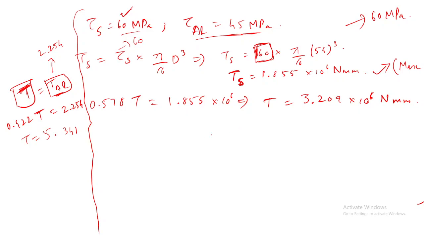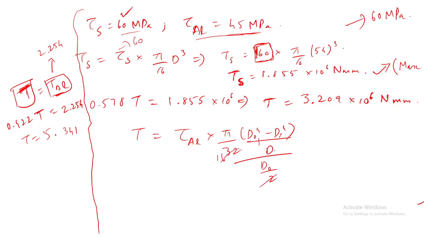If I substitute this total torque into the aluminum section, for example, this is a hollow circular shaft, so it should be tau into ZP, where ZP is pi by 32 into D naught power 4 minus DI power 4, divided by D naught by 2, so it will be pi by 16 times this divided by D naught.